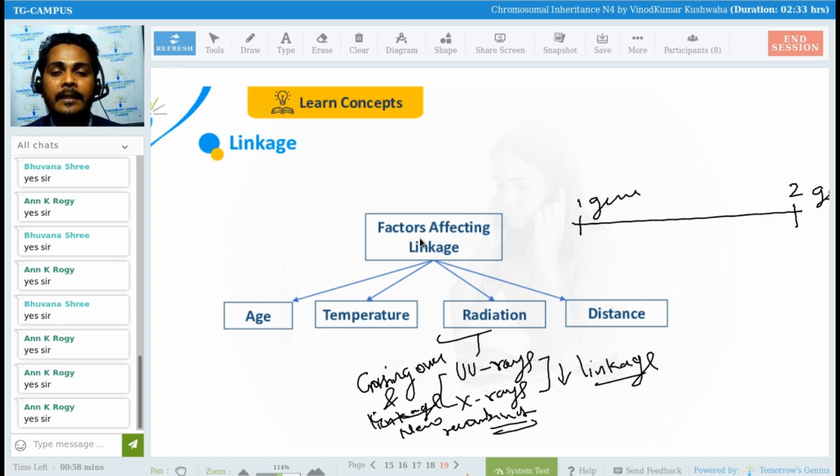If two genes are very close to each other, then there is a greater chance of linkage. So distance is also an important factor of linkage. You have to remember the important factors affecting linkage: age, temperature, radiation and distance. These are the four important factors responsible for linkage.